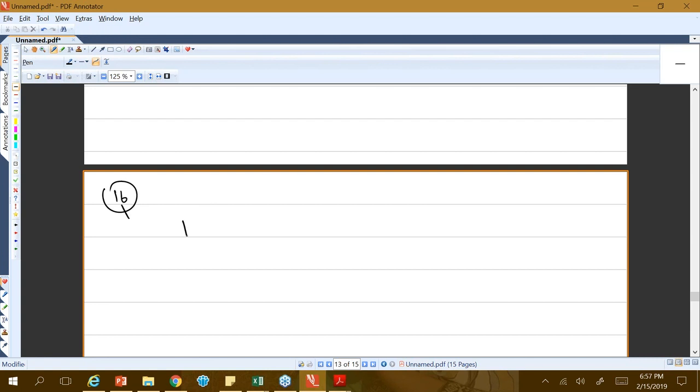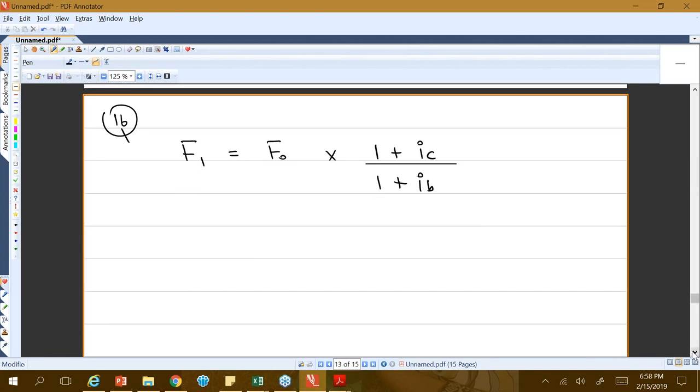So we are going to use IRPT to find F1, from F0, the spot rate now, multiplied by (1 plus IC) over (1 plus IB), so interest abroad and interest home. Now, can I ask you first of all, what is the interest rate abroad in this question?